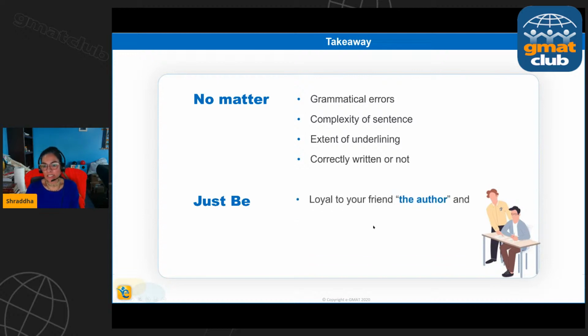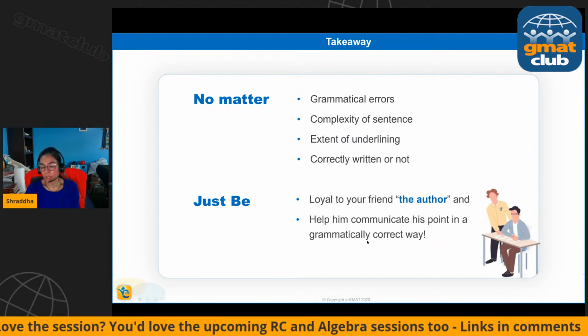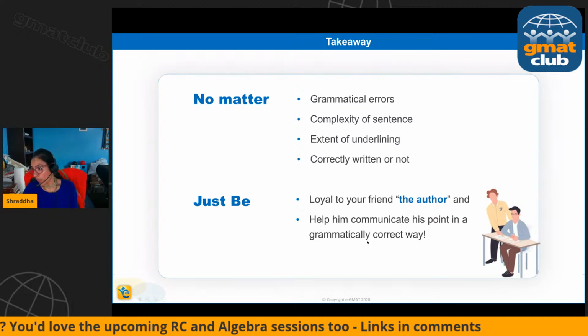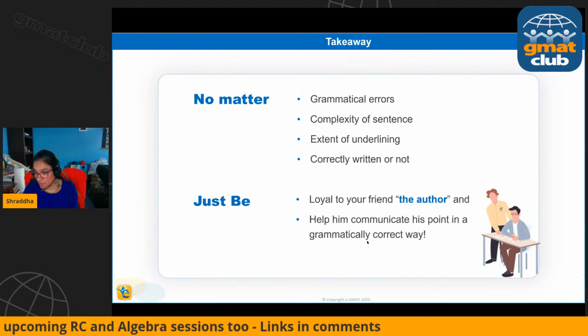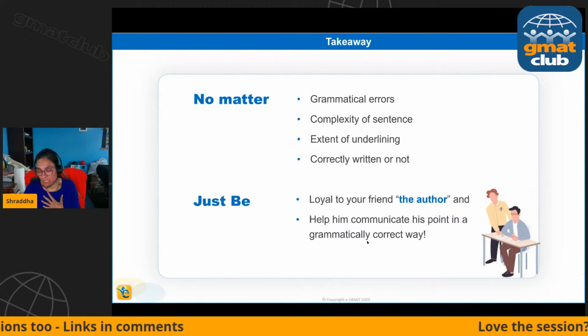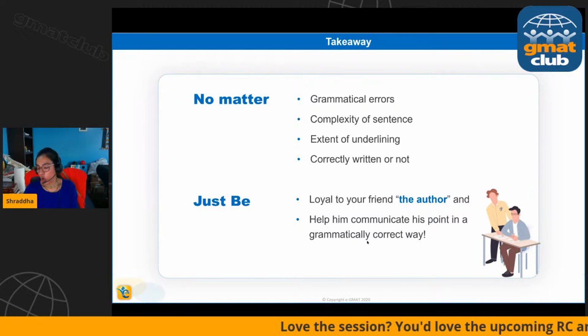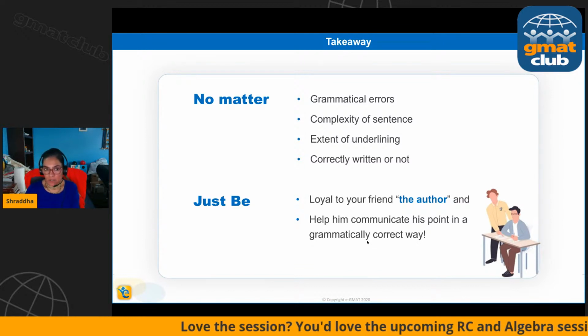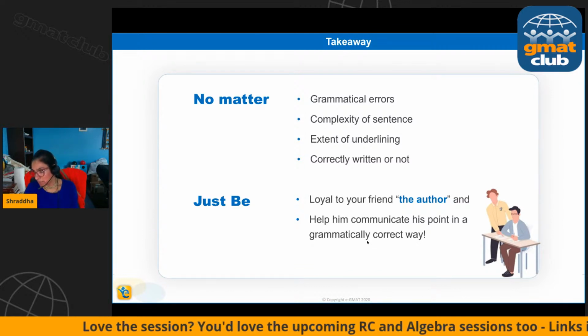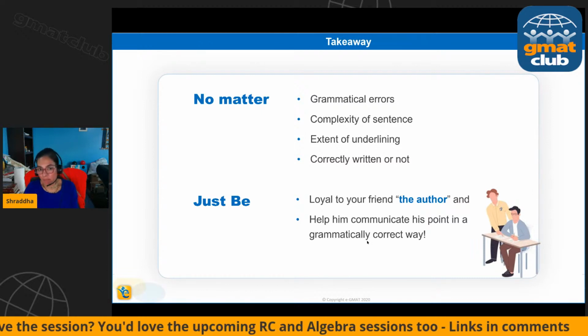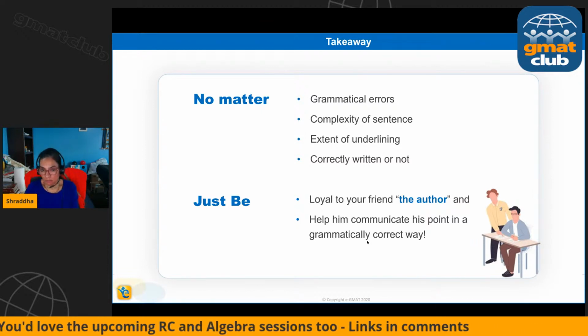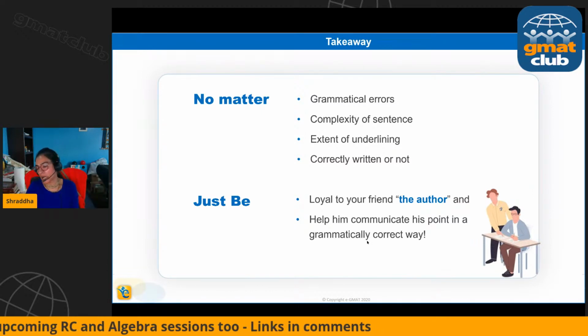Okay, so this is our takeaway. Always consider the author to be your friend, because he's trying to tell you something, and it becomes our responsibility to help the author convey that meaning logically. It does not matter what the grammatical errors are, how complex or long the sentence is, or what part of the sentence is underlined.